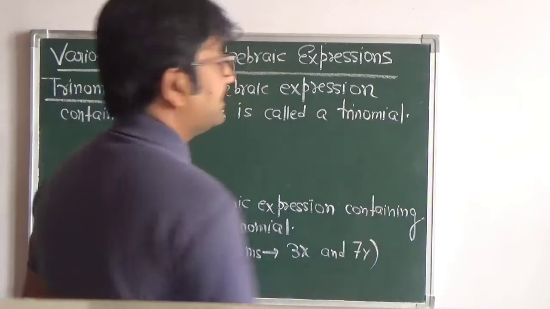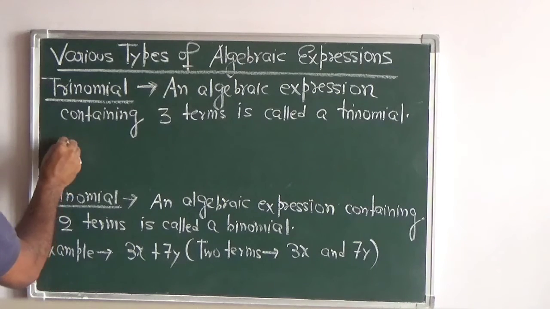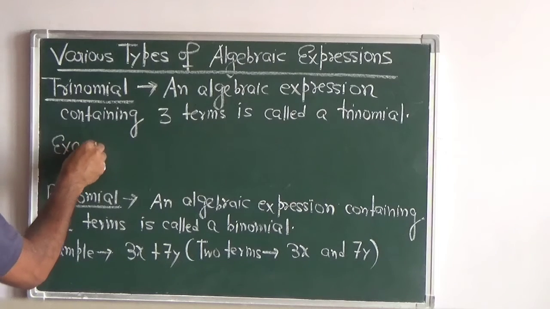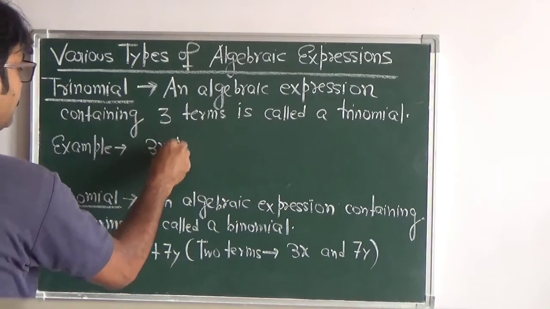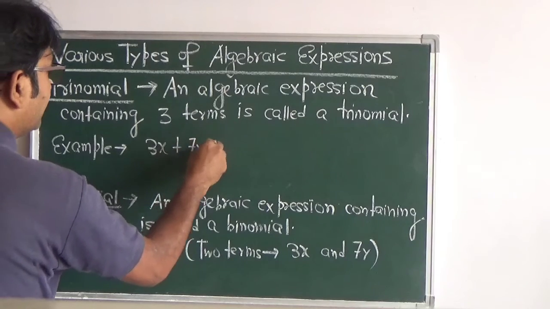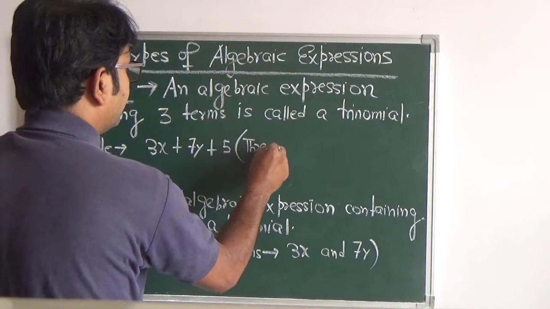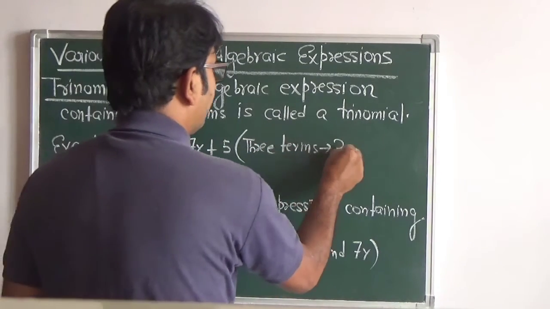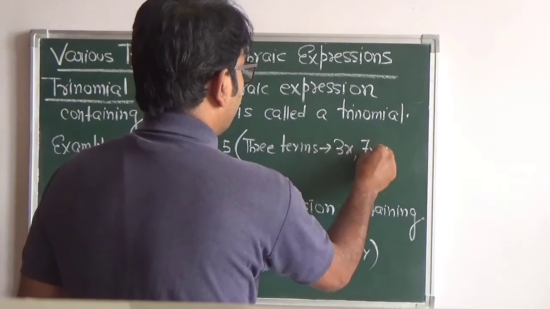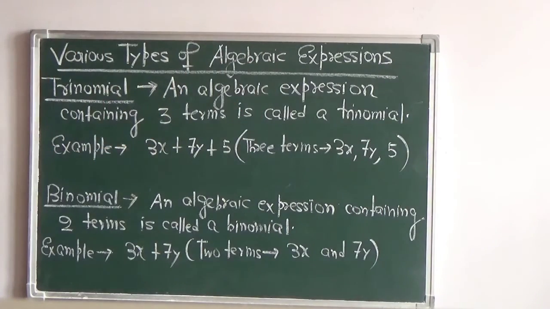So if any algebraic expression consists of 3 terms, then it is called a trinomial. Let us take an example. For example, 3x plus 7y plus 5. It has got 3 terms. The terms are 3x, 7y and 5, where 5 is the constant term.